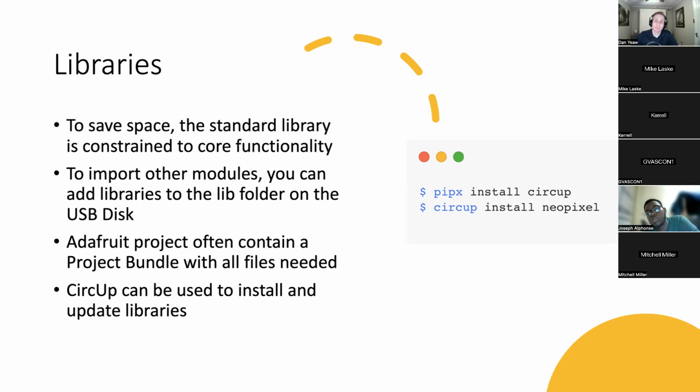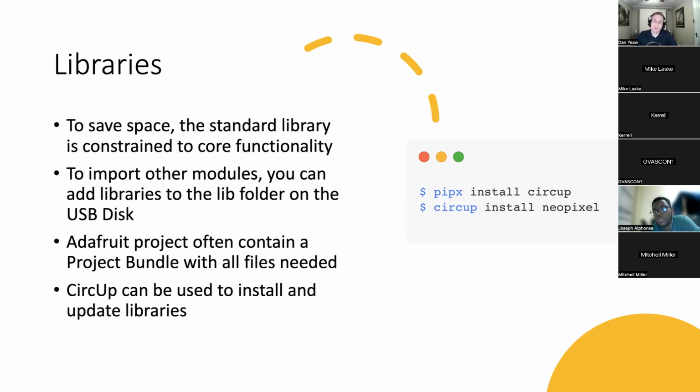So you can have these super optimized libraries and add them in. And Adafruit provides these project bundles that include the code and all the libraries you need to run something all together. And then instead of trying to figure out where to download libraries yourself, you can just drag and drop them onto your device, which is cool.